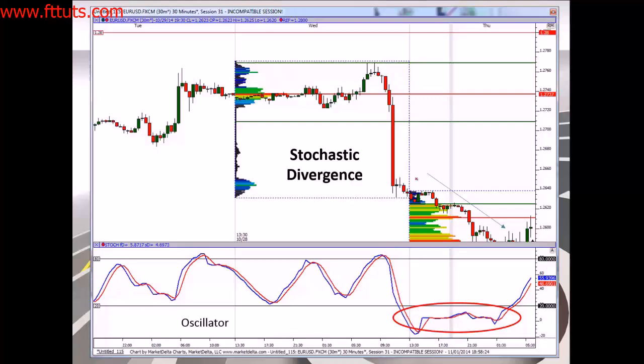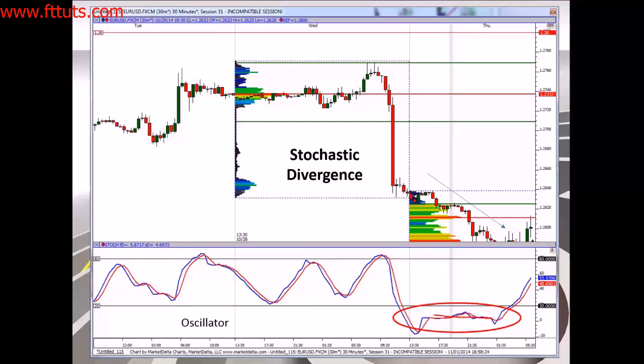Notice here in this case, the stochastic is somewhat flat and still in negative territory, and the prices continue to drop lower, but we're not seeing an oscillation to the bottom side. On the contrary, the stochastic is misleading us. Eventually, we end up with a little move to the upside, but it was very choppy, and it didn't accurately reflect the movement lower that we see in the price action.